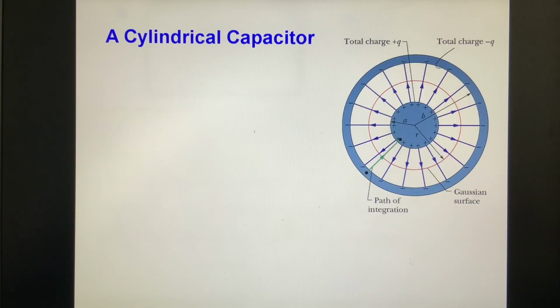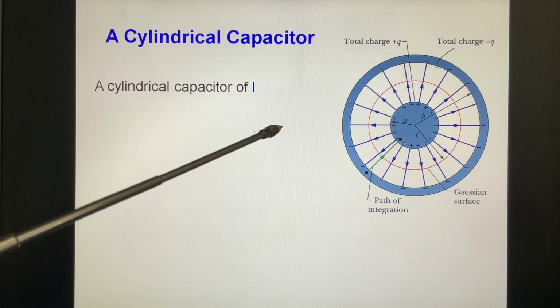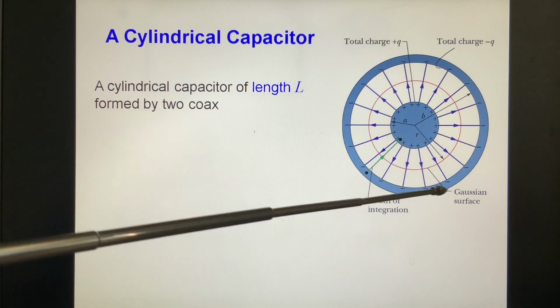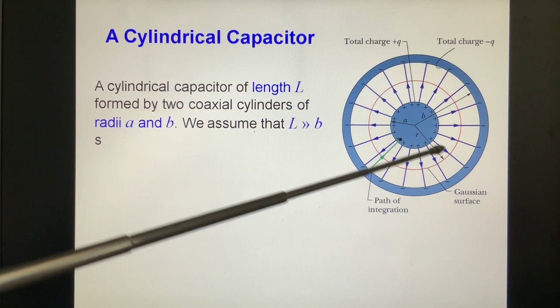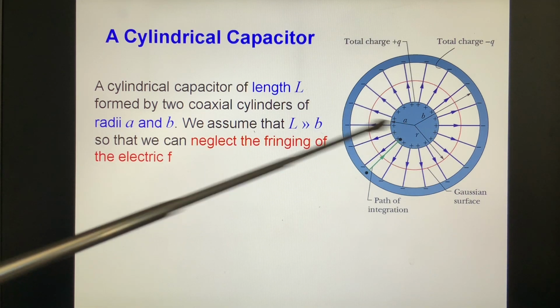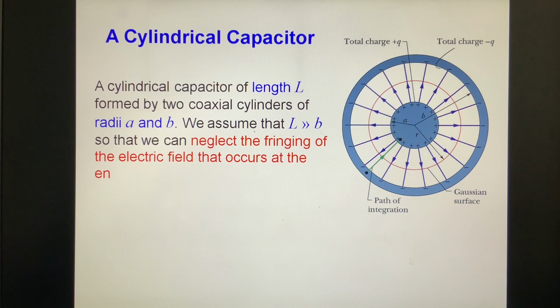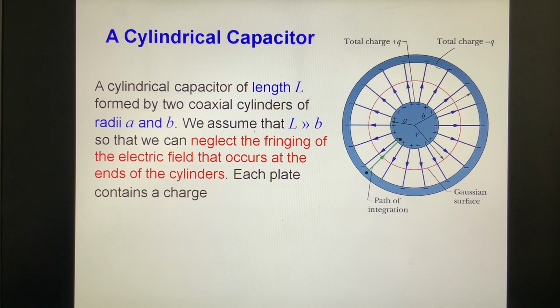Now let's review a cylindrical capacitor. We just suppose its length is L. It's formed by two coaxial cylinders of radius A and B. We assume that L is much larger than B, which is larger than A, so that we can neglect the fringing of the electric field that occurs at the end of the cylinder.